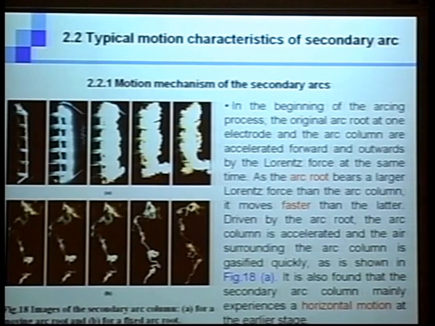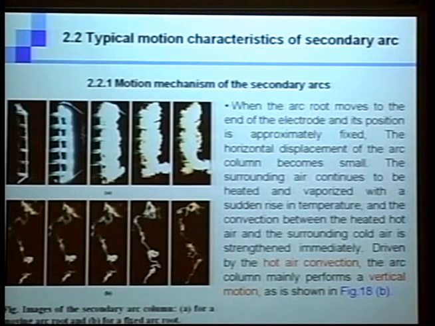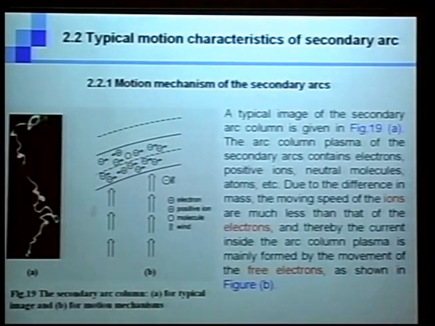You can see the upper image. In the lower image, in the second stage of the arc discharge development, it's driven by the hot air convection. The arc column mainly performs a vertical motion.